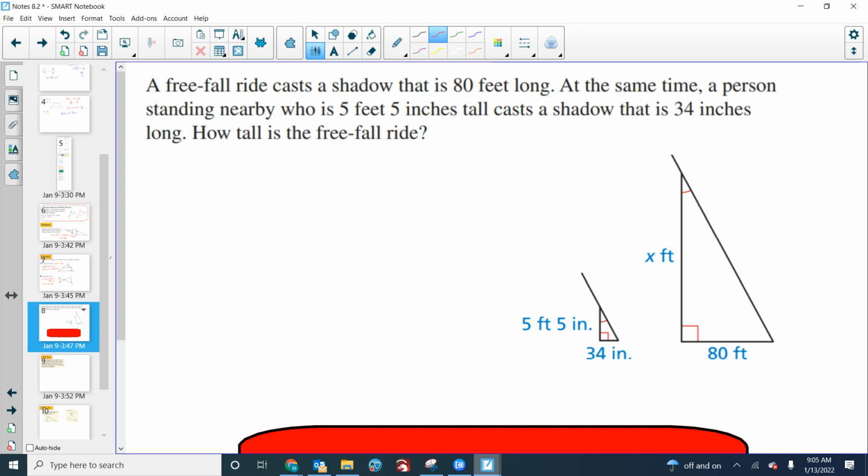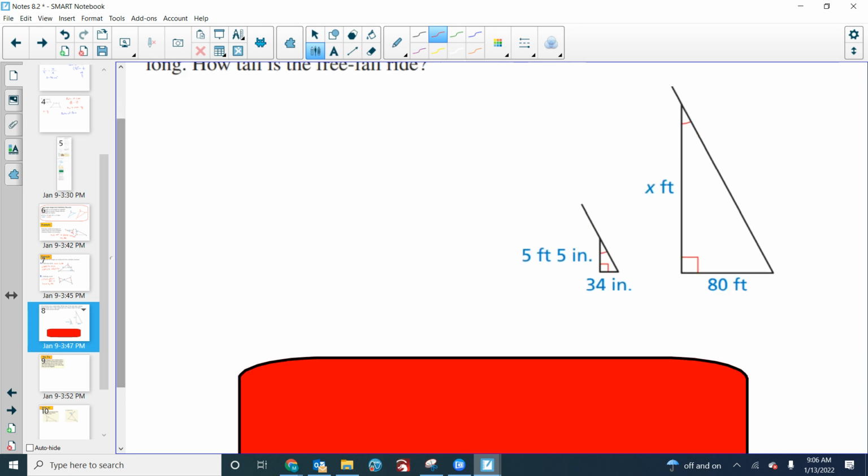So the small ones in inches and the big ones in feet. Yeah, that bothers me too. The small one has the height of the person's 5 feet 5 inches. The length of the shadow is just in inches. We're going to have to do a little bit of conversion. Then you will not get the problem right. That's okay.